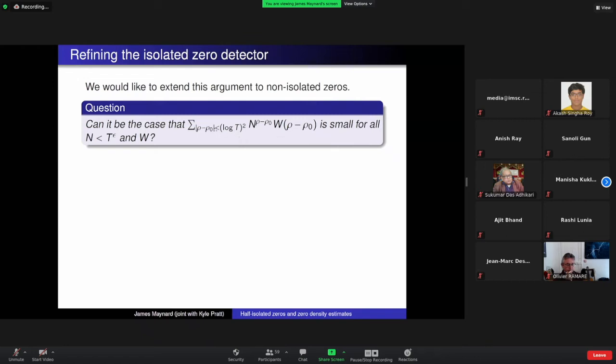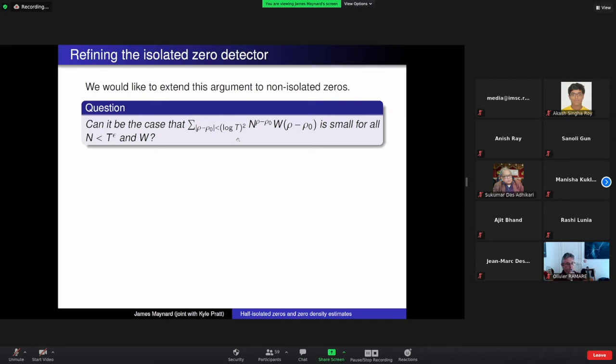So maybe the next question would be, well, okay, there may be some bad choices of little w and capital N, but is it possible for this sum over zeros to really be uniformly small for all choices of capital N under consideration and all possible choices of smooth functions? It feels like we have a huge amount of flexibility to choose these, and provided we can find a good N and a good choice of little w for every rho 0, then we should be able to construct something that at least looks like a short zero detector from that.